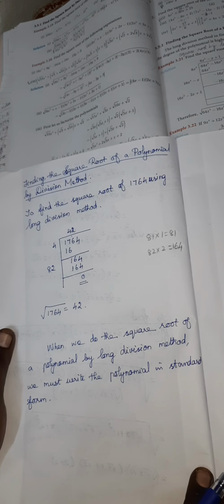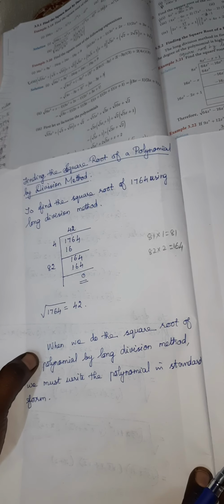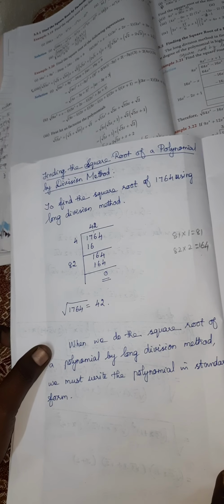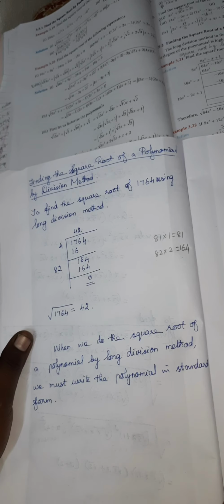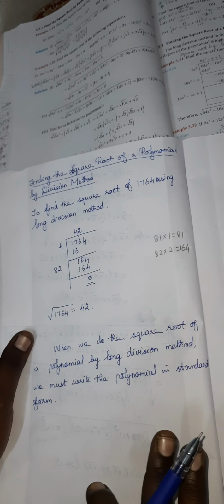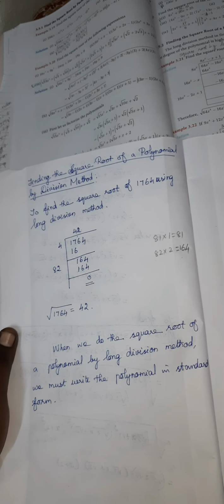So you must write the polynomial in standard form, then you can start the long division method. Are you all clear? You must not write it in any other pattern than the given way. You see the degree, write in standard form, and complete this.